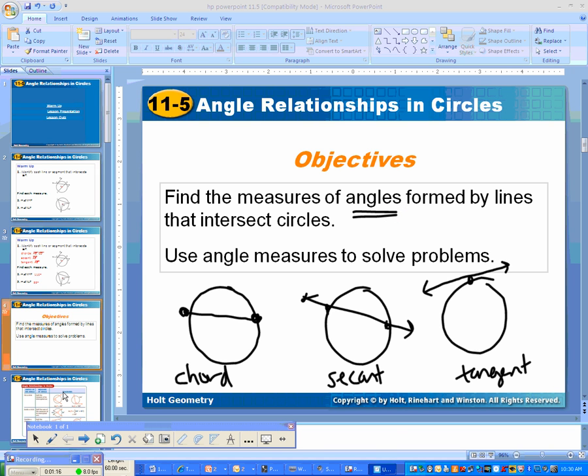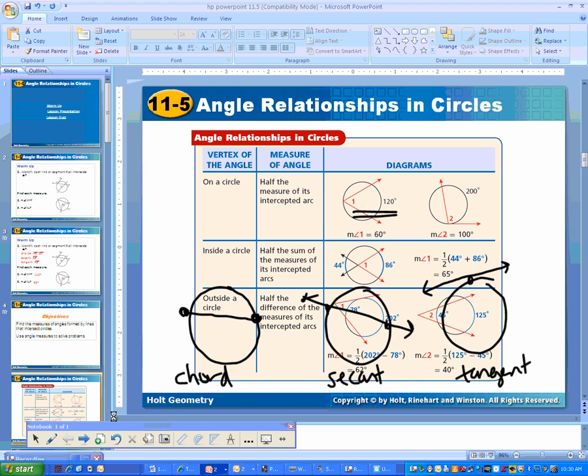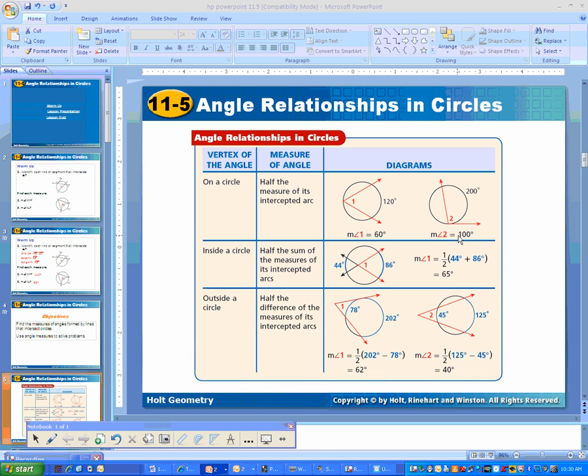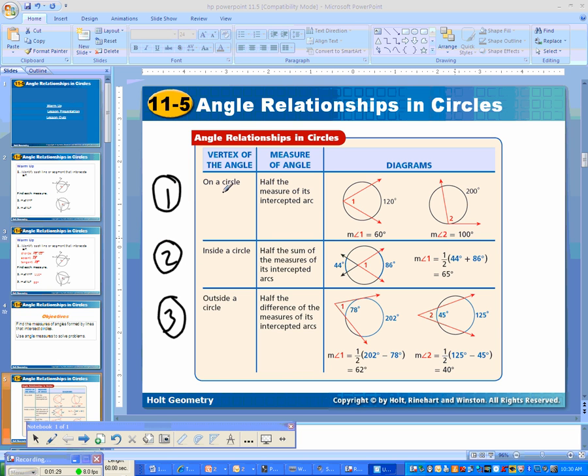So there are really 3 different types of problems that we're doing today. The first problem, and these can get really confusing, there are some pretty advanced pictures that we're going to be looking at. So I want you to take note of where the vertex of the angle is. The first thing we're going to say is, okay, what happens if the vertex of the angle is actually on the circle?